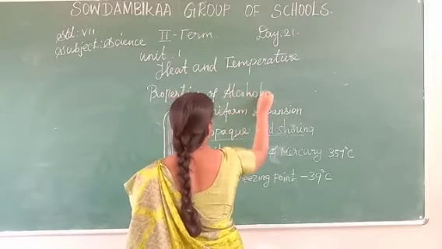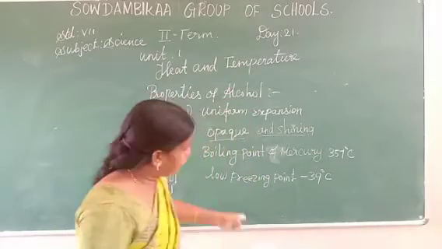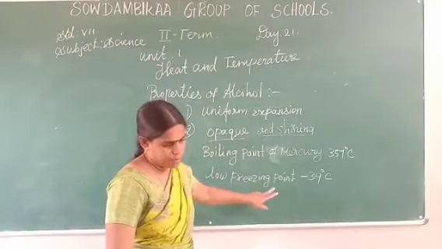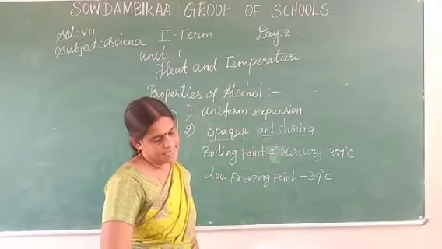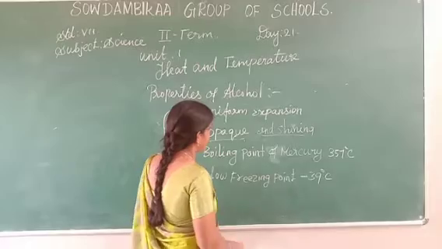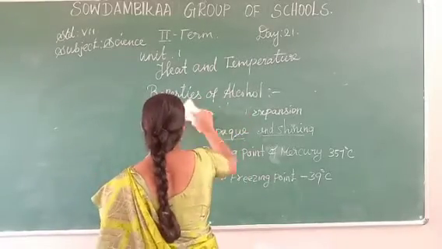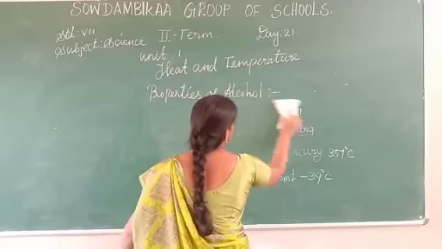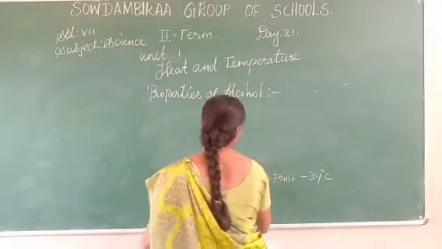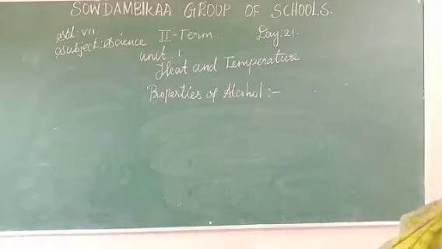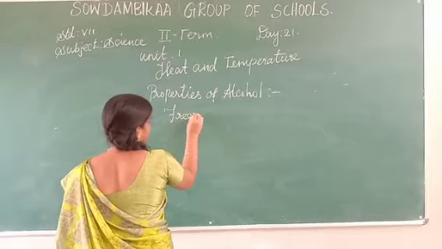Why do we use alcohol in the thermometer? What is the first property? The freezing point of alcohol is minus 100 degrees Celsius. Listen, students.